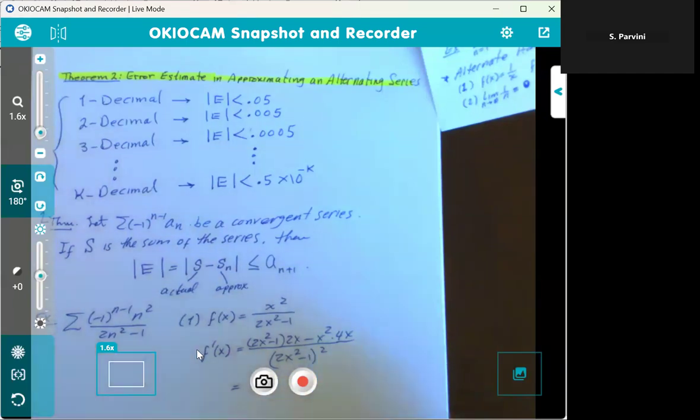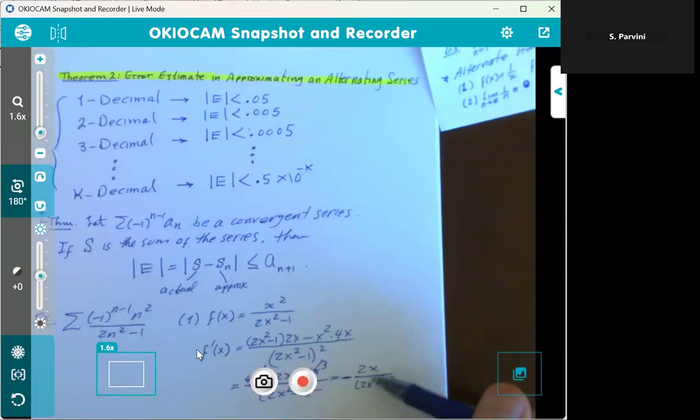Let's tidy this up: 2x squared times 2x makes 4x cubed, that's 4x cubed, negative 2x, and then negative 4x cubed, divided by the square of the binomial. Of course, we have a pair of opposites. As you can see, what's left over is negative 2x over (2x squared minus 1) squared. Now, this fraction is always positive.